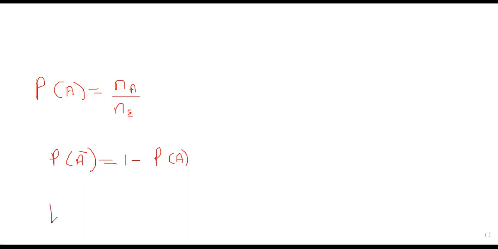You also need to know that probability A or B means what? We're uniting A union B. To unite is to add. A union B is equal to what?